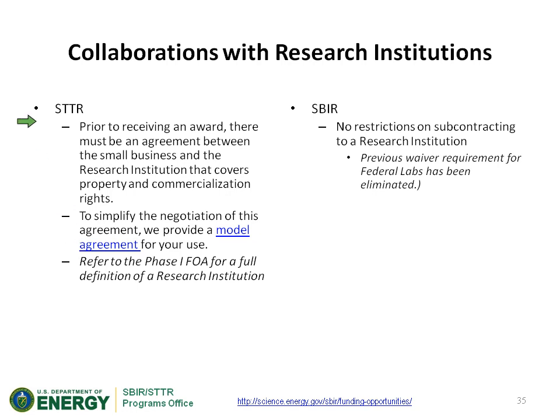If you are planning for STTR, please go ahead and look at this. You don't have to submit this with your application, but before you receive an award, you do have to put this in place. For SBIR, there are no restrictions on it. You can also work with a research institution, a university, or a national lab. In the past, we did have a waiver requirement for this, but that has been eliminated in the recent reauthorization.